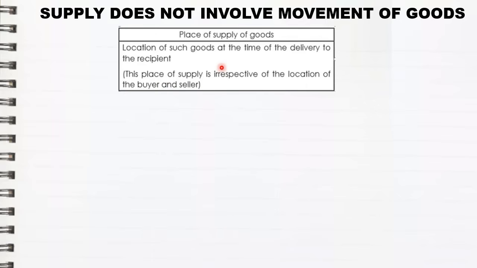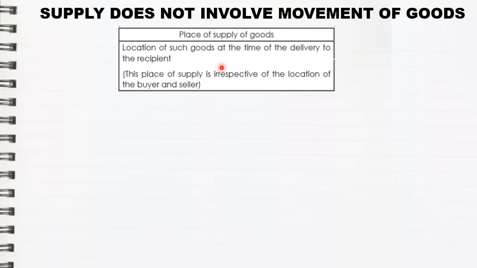In simple terms, let us take an example. Let's say Mr. X is from Mumbai, Mr. Y is from Goa. Mr. X, for his vacation, went to Goa, and from Goa he purchased goods from Mr. Y. So here the goods were manufactured in Goa itself.